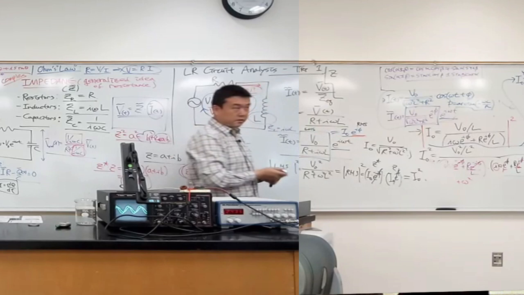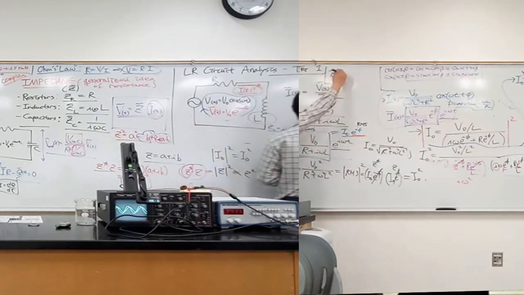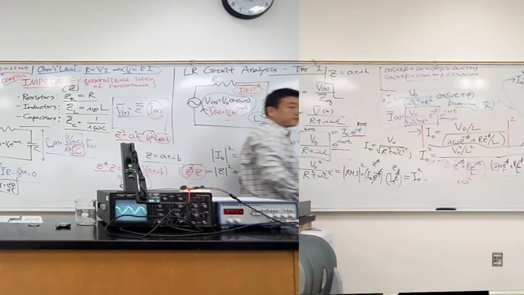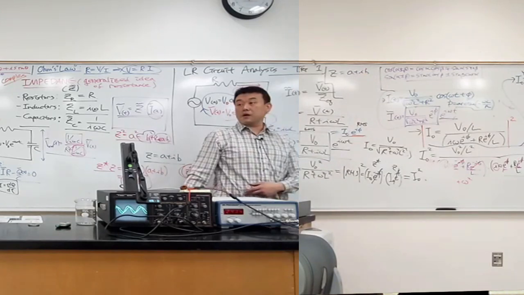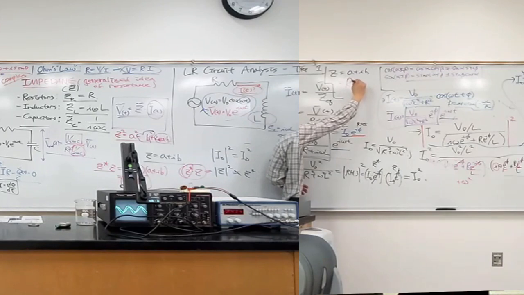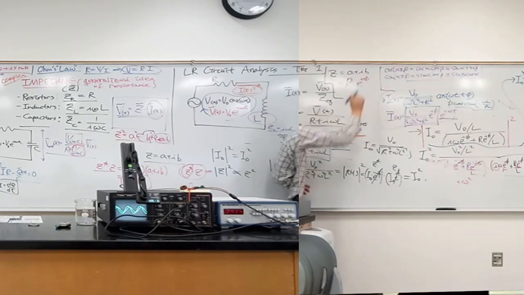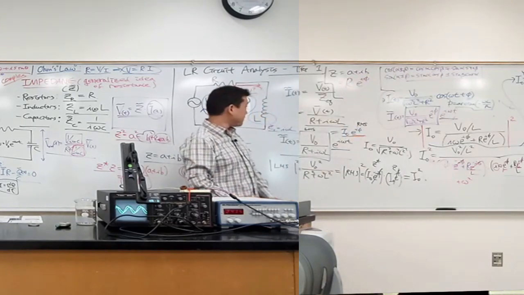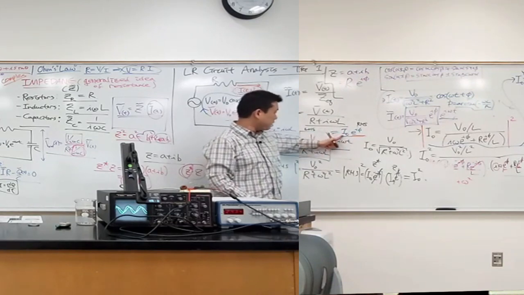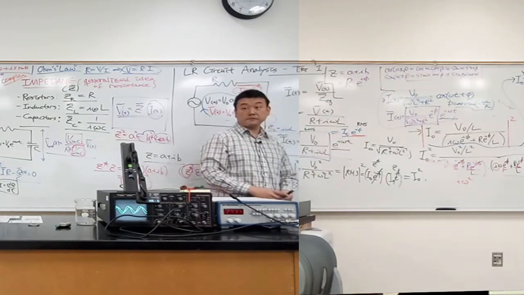One is the Cartesian representation that you have seen before, a plus ib, x component and y component. The other is the polar representation, which you write as a real number times a complex phase factor, e to the i phi. I'm simply saying that this complex number can be written in this form, a real number times e to the i phi.